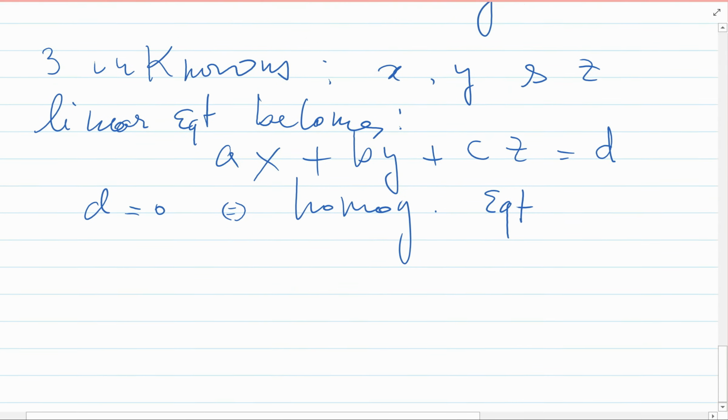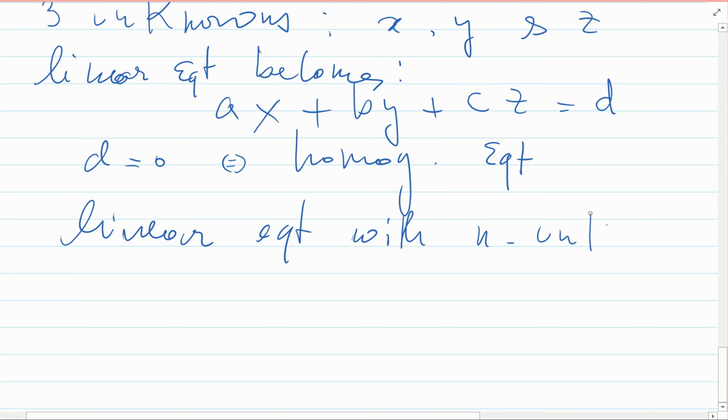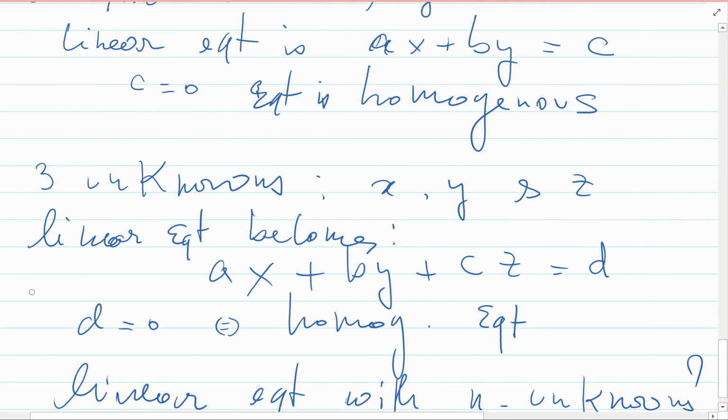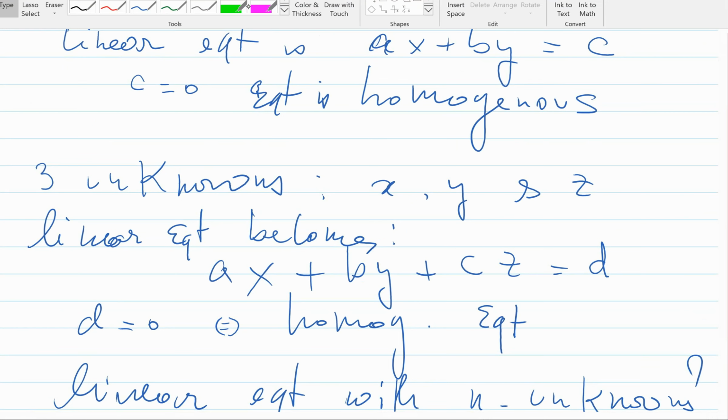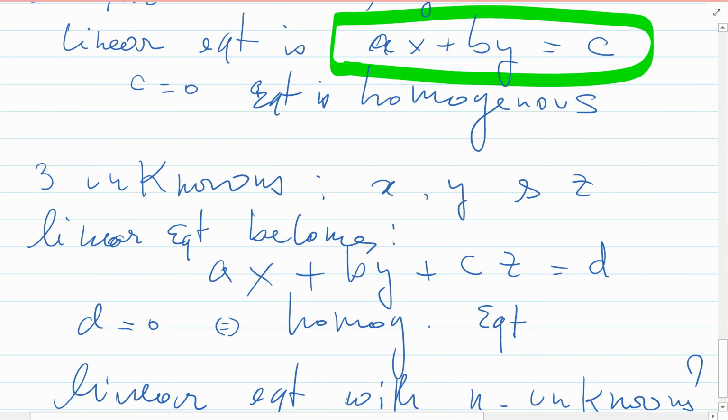So what is now a linear equation with n unknowns? Now it becomes interesting. Before, I said ax plus by equals c.